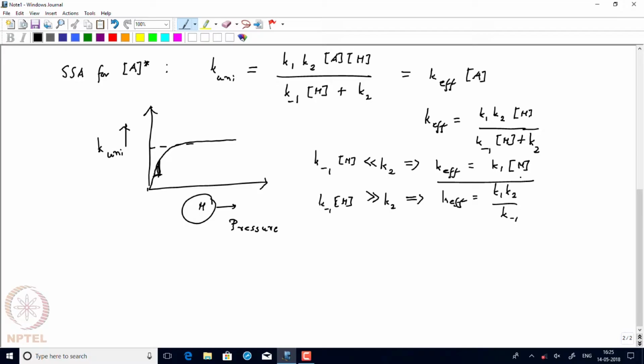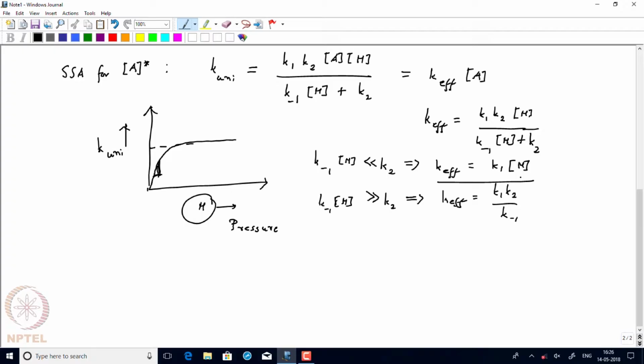But if I increase the pressure too much, then what will happen? These energized molecules will also collide among themselves as well as with other molecules, and they get collisionally deactivated. So then the rate will get saturated, because the deactivation will take part, and then you will have something like a steady state expression, not the equilibrium approximation step. We discussed that you have to remove the intermediate very quickly, then you can get this steady state approximation hypothesis.